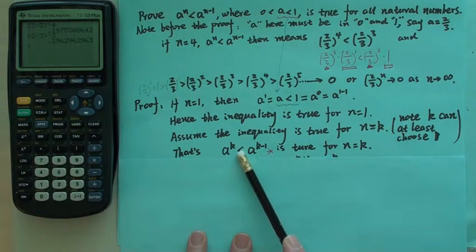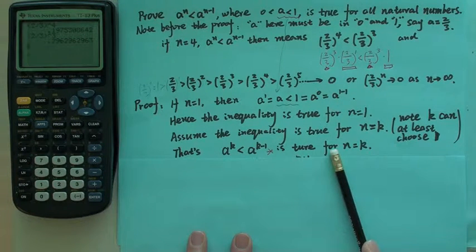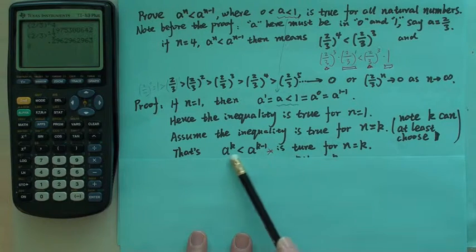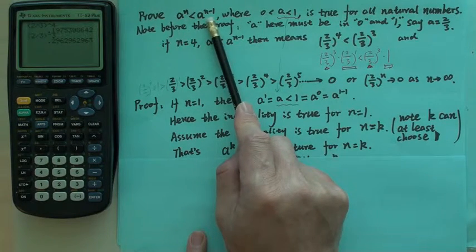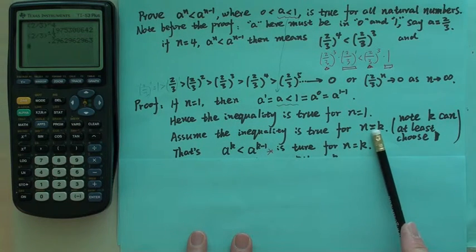So you have a to the k less than a to the k minus 1. We mark this one by a star. You want to prove this is also true for n equals k plus 1.